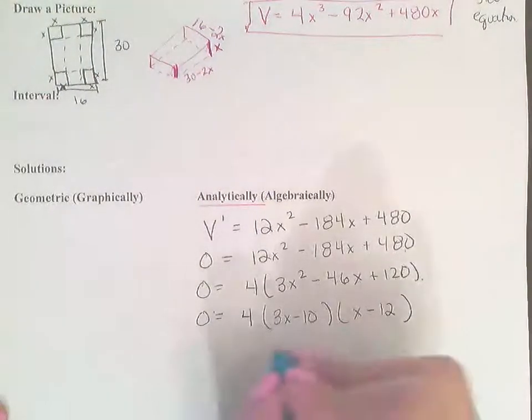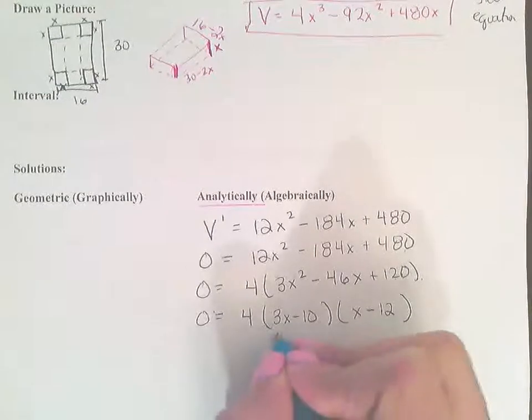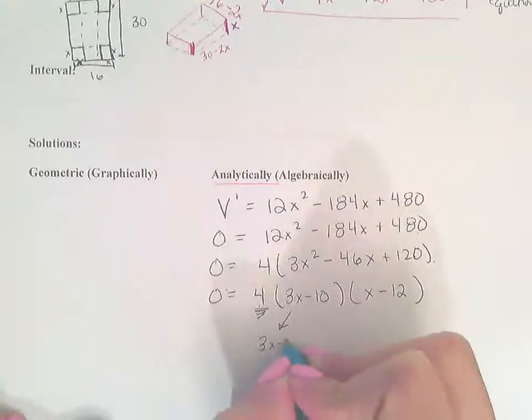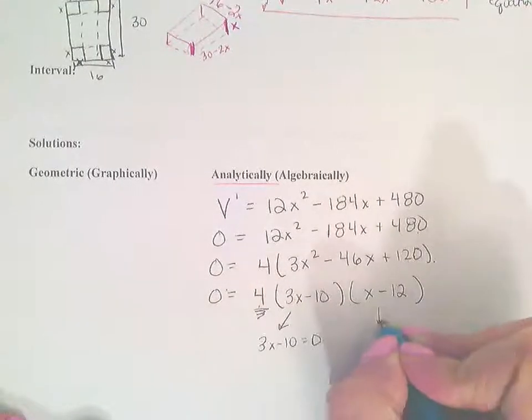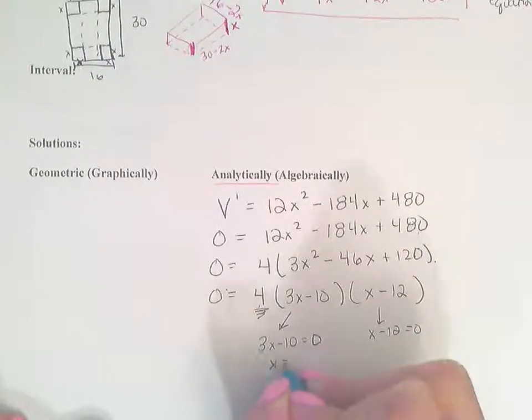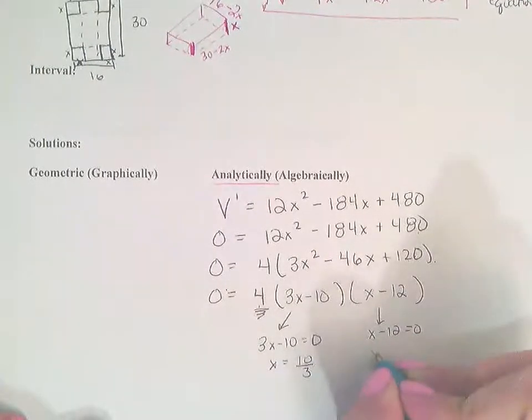Now to solve this we use the zero product property. Remember, you can't solve the 4 because it doesn't have an x, and 4 cannot equal 0, so 3x minus 10 equals 0, x minus 12 equals 0. You solve it, you get x equals 10/3 and x equals 12.